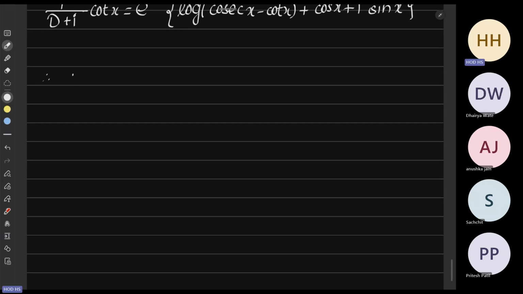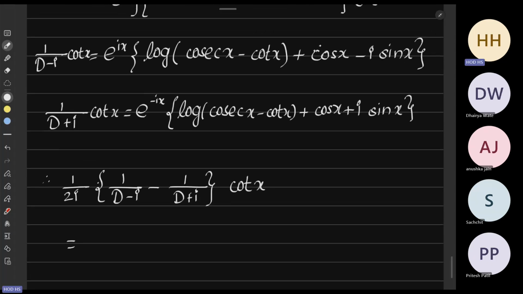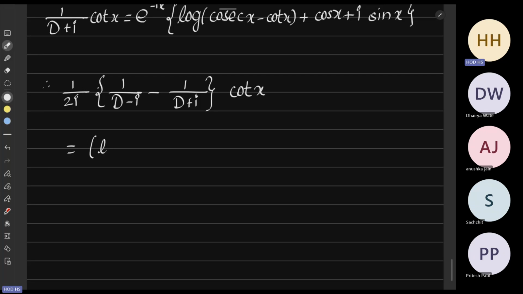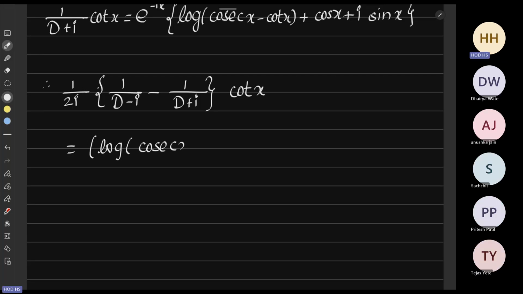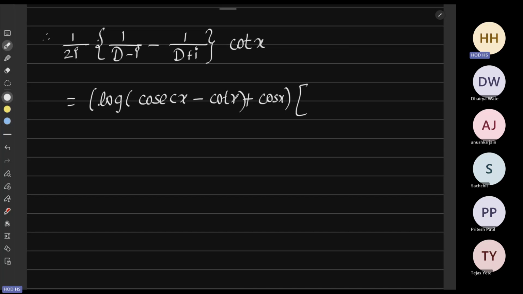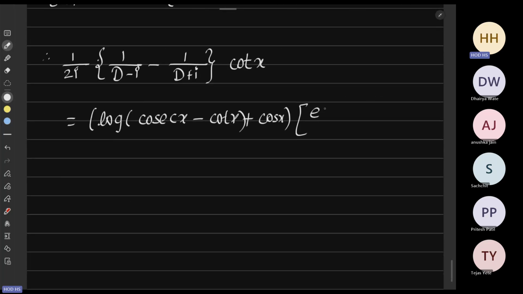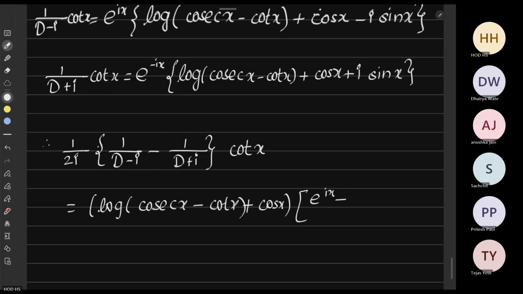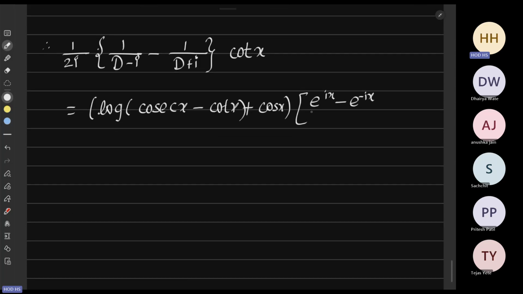And therefore 1 upon 2i times (1 upon D minus i minus 1 upon D plus i) of cot x can be written as follows. The first term is this big term: log of cosec x minus cot x plus cos x, and from the first bracket I take e to the power ix, then minus this one, and from the second bracket I have e to the power minus ix, divided by 2i.